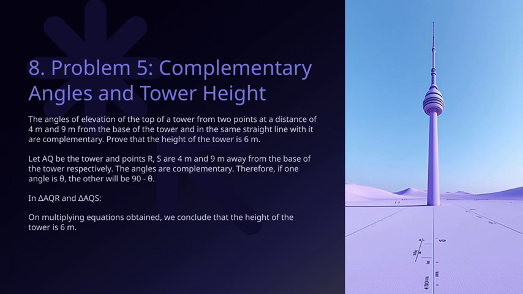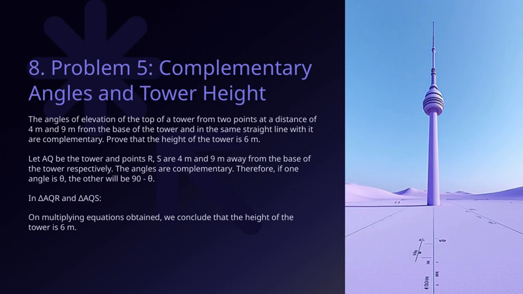Next, we examine two triangles, delta ACR and delta ACS. By analyzing these triangles, we derive equations based on tangent ratios, since tangent relates the opposite side, here the height of the tower, to the adjacent side, which is the distance from the point to the tower's base. By multiplying the equations obtained from these two triangles, interestingly, we find that the height of the tower simplifies to 6 meters.